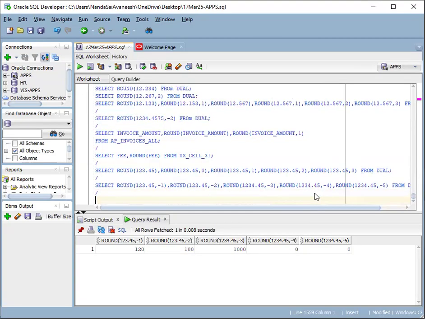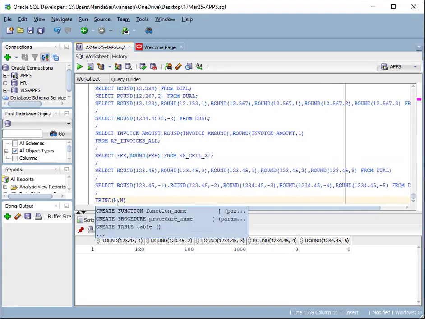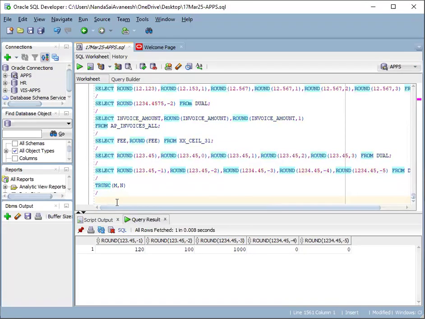Any doubts here? We have the next function, that is TRUNC. It works similar to ROUND, but it won't check the condition.